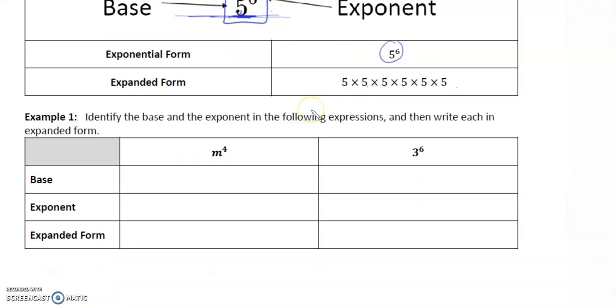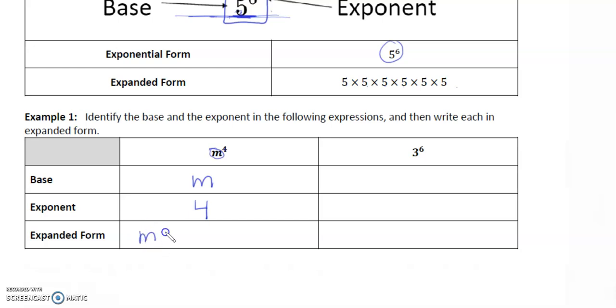So example 1: identify the base and the exponent in the following expressions, and then write each in expanded form. For the first example, we have m to the 4. The base is m, the exponent is 4, and we write this in expanded form by taking the base and multiplying it by itself 4 times.